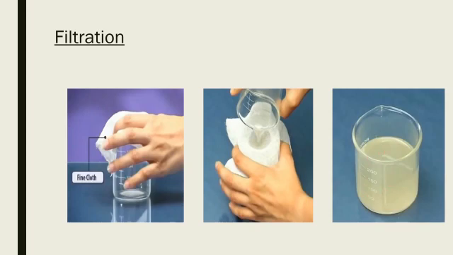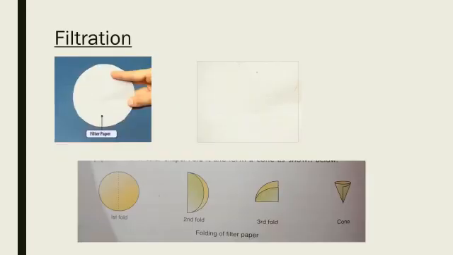Now what can be done? What should we use? We should use filter paper. Okay, filter paper has smaller pores. Here in this picture you can see it. Here is the close view of filter paper.